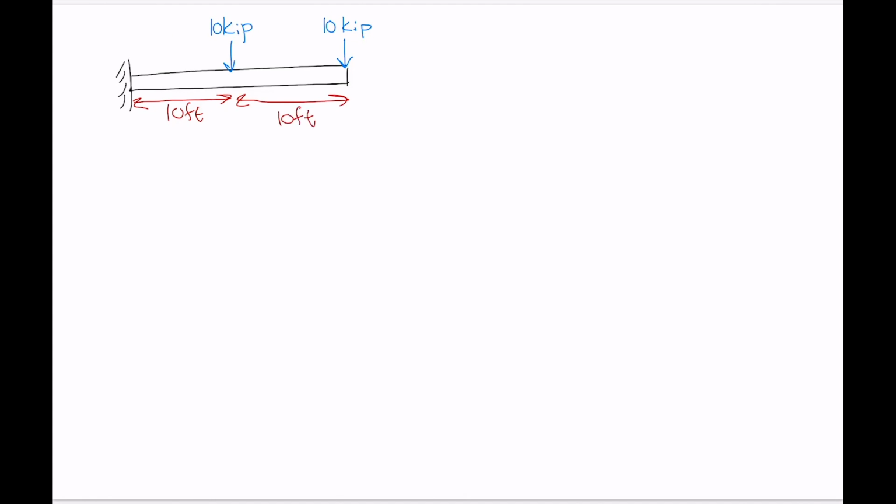Okay, so first let's throw in our support reactions. So we've got AY here, and then our moment M about point A. Of course, we're taking point A to be right in the center there, attached to the wall. Now let's set up our axes. So we're going to have shear measured in kip.